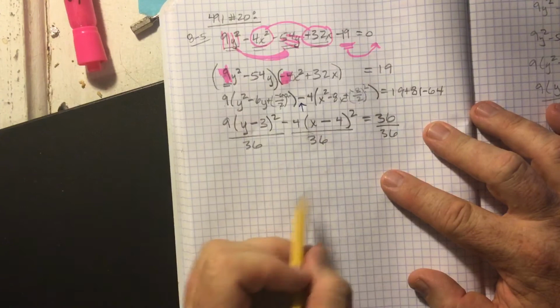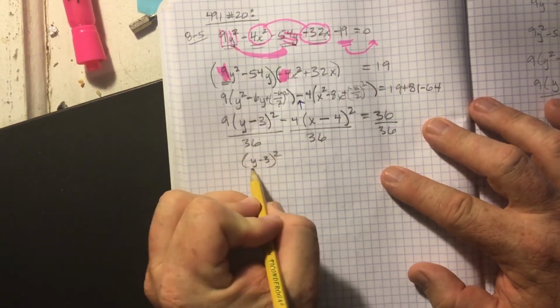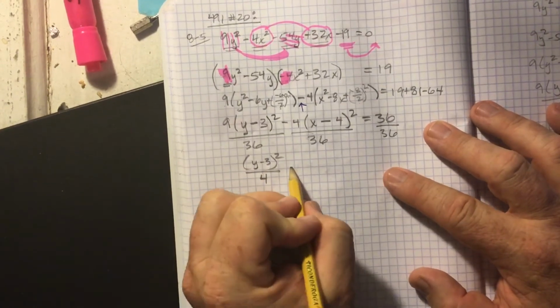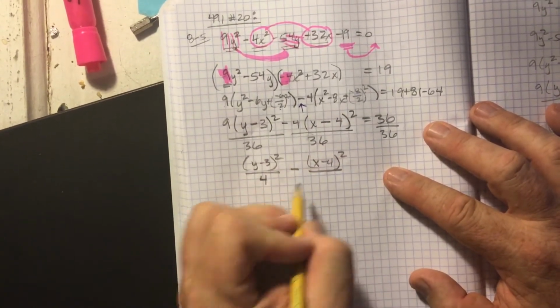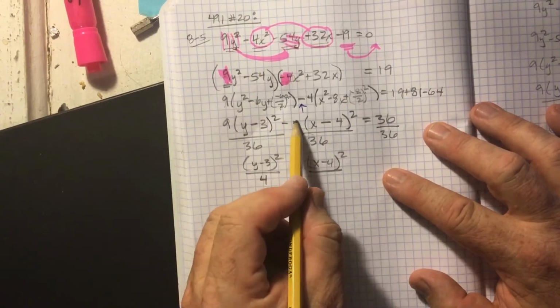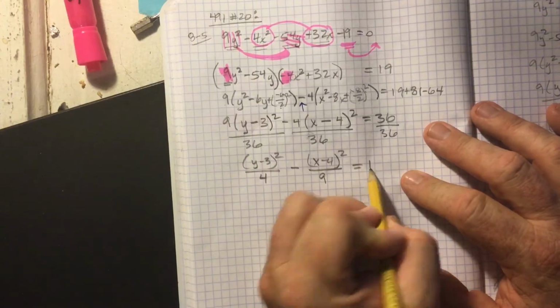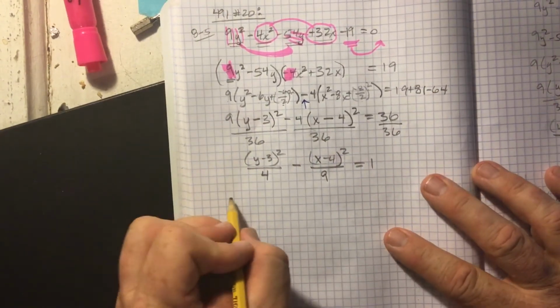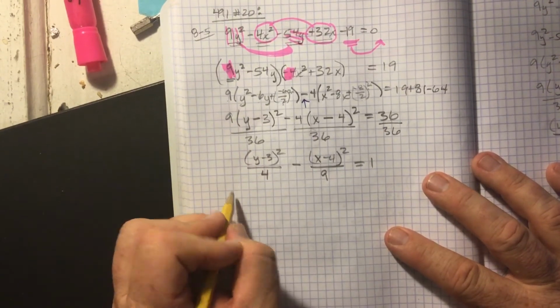So if I clean all this stuff up, I'm going to get y minus 3 squared over 4 minus x minus 4 squared over 9, and it's going to equal 1. So now I'm all set up. Now my a is on my y, so that's going to be 2.